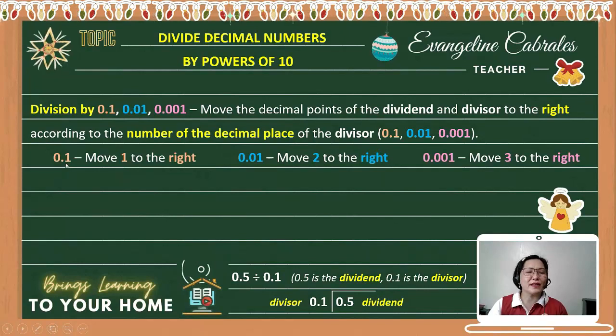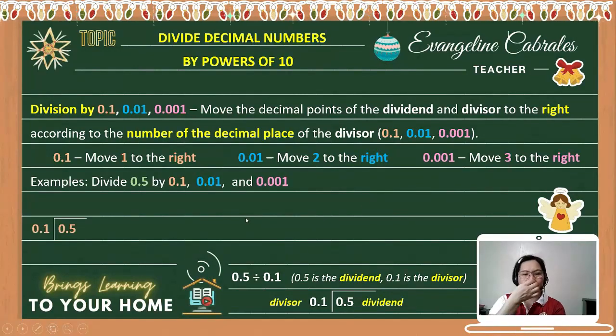Kapag 1/10ths ang divisor, move the decimal point 1 place to the right. Kapag 100ths, move 2 to the right. Kapag 1,000ths, move 3 to the right. Bakit? Isang decimal place, kaya isang beses imumove. Dalawang decimal place, kaya dalawa. Tatlong decimal places, kaya tatlo.